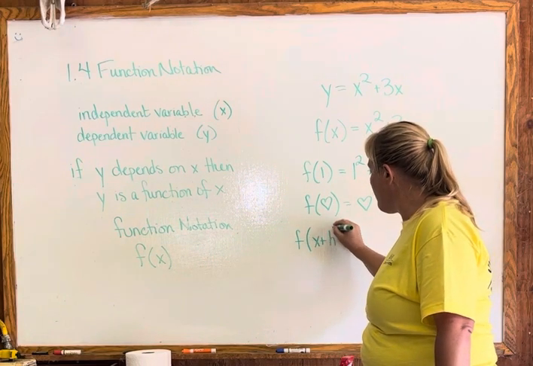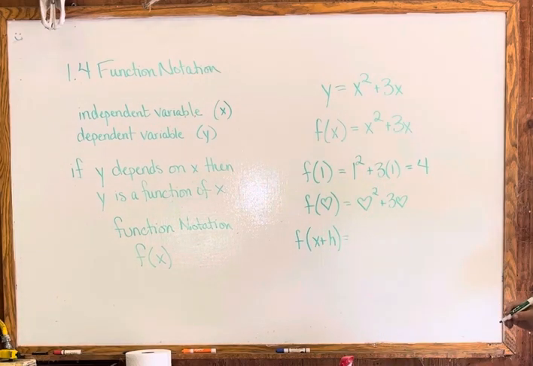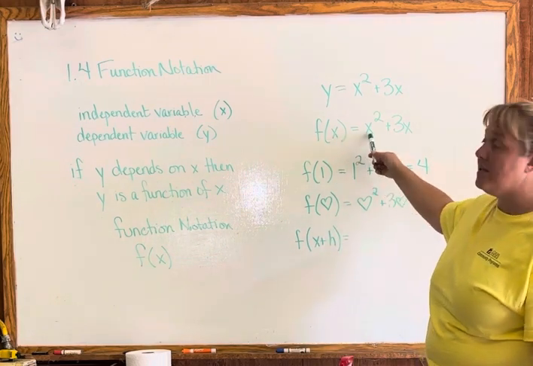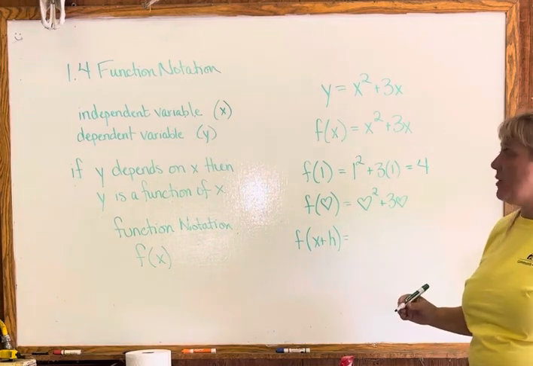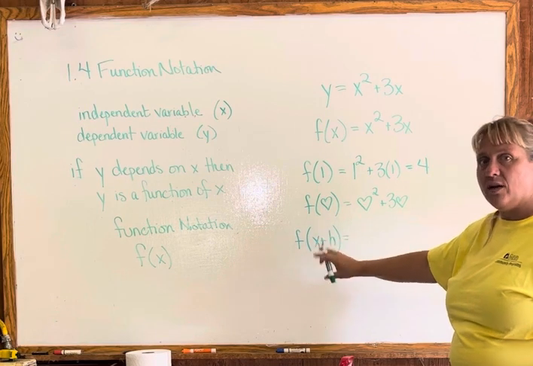Find f of x plus h. So what that's asking us to do is to take x plus h and plug it into the equation. So we're not actually plugging in a number here, we're plugging in another kind of little equation into the big one.